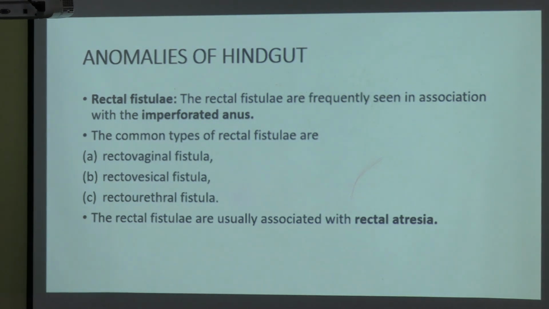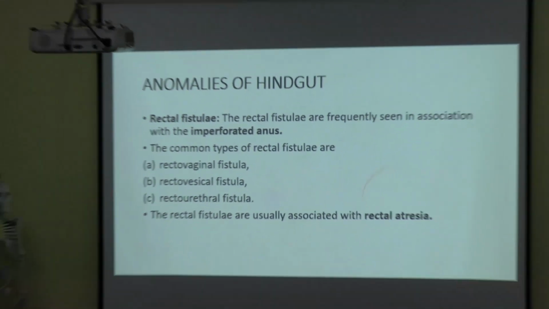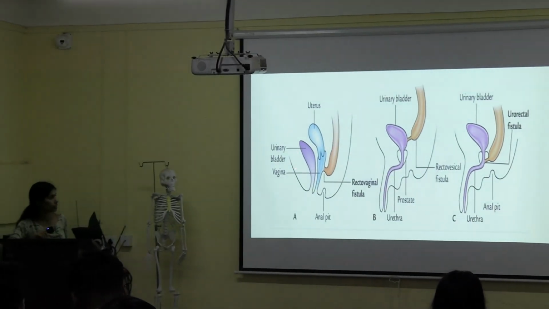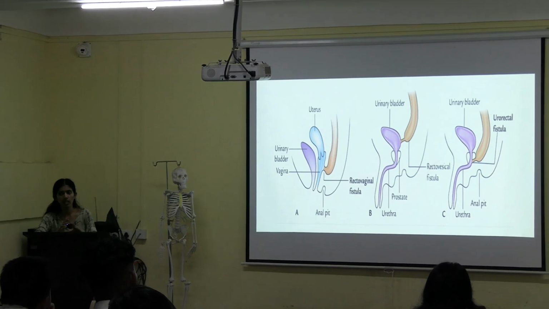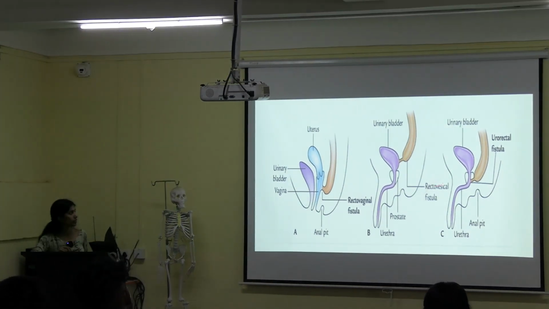The common types of rectal fistula are rectovaginal, rectovesical and rectourethral. The rectal fistula are usually associated with the rectal atresia. Can you see these diagrams and tell me what is the condition or what exactly is happening? What is this? Rectum. So, where is it opening in the first case?